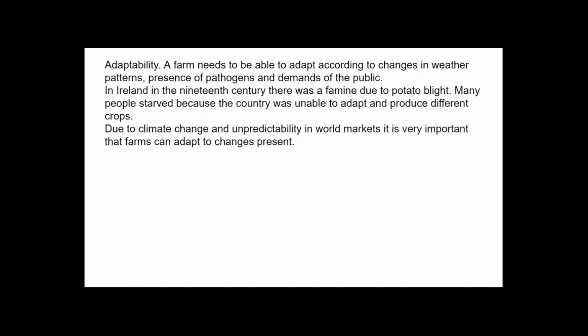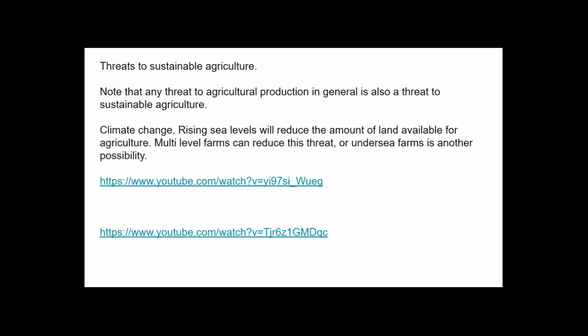All the Irish did was grow potatoes, and because there was a potato blight and all the potatoes failed, then there was a massive famine. So it's important to be adaptable. And due to climate change and unpredictability in world markets, it's very important that farms can adapt to changes. And this is price changes and everything else.